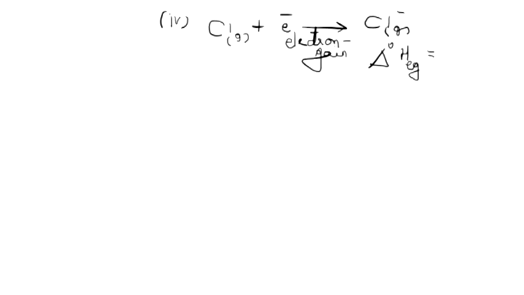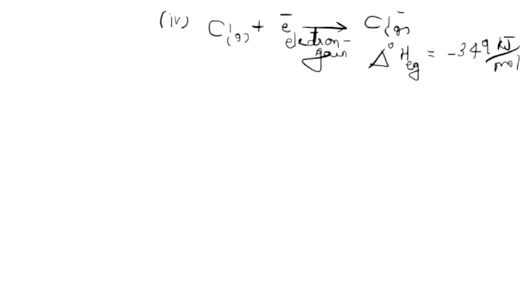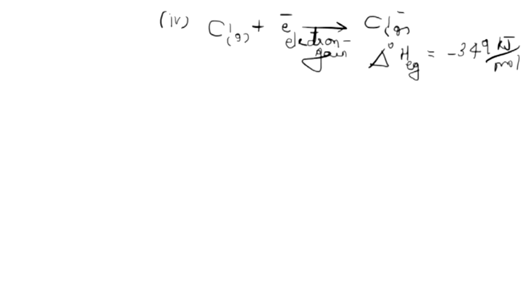The enthalpy involved here is about minus 349 kilojoules per mole. For the first time, you find that this energy value is negative, and so this process is an exothermic process. Remember, electron gain is most of the time an exothermic process, while the rest of the processes were endothermic. You can see the standard electron gain enthalpy is about minus 349 kilojoules per mole.